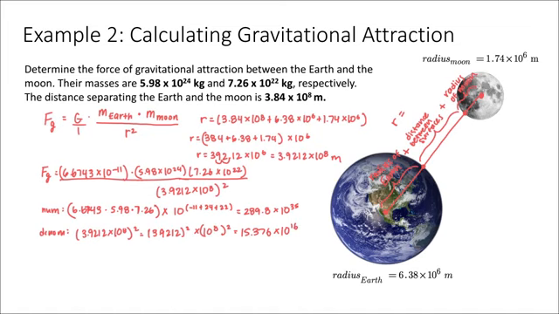F_G in this case would then be equal to 289.8 divided by 15.376, multiplied by 10 to the power of, and since it's division, we subtract the exponents.